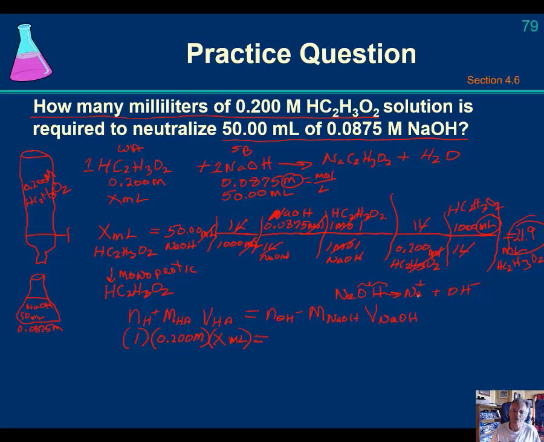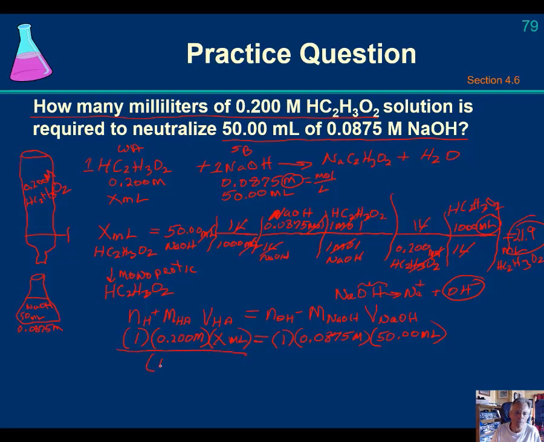For every 1 mole of sodium hydroxide, we get 1 mole of hydroxide ion. So that's also going to be 1. And the molarity of the sodium hydroxide that's given is 0.00875 molar, and the volume of the sodium hydroxide is 50.00 milliliters.